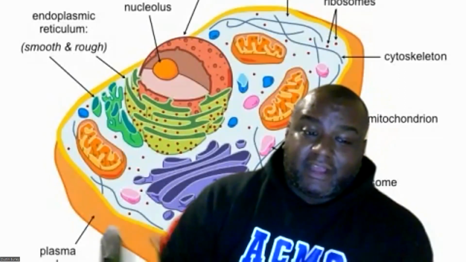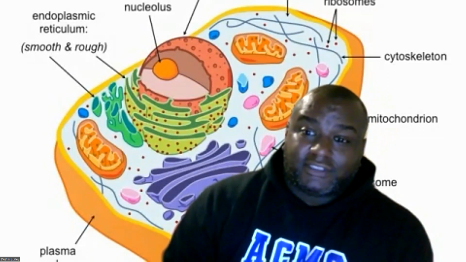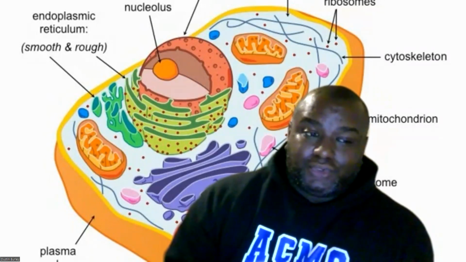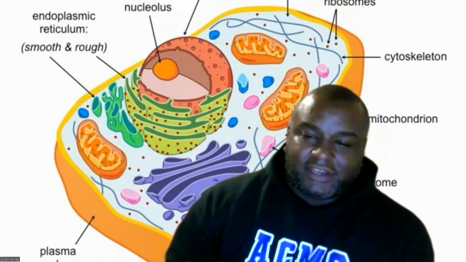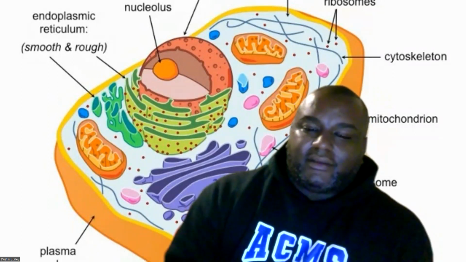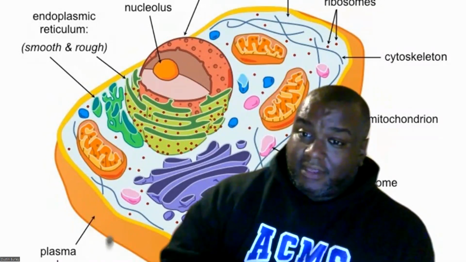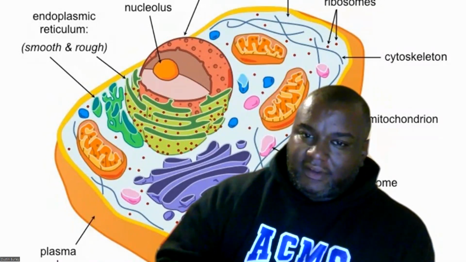So, if there's enough time in class, you will start on your cells. I suggest you write the information down first, labeling the cell, like putting the information in there first.